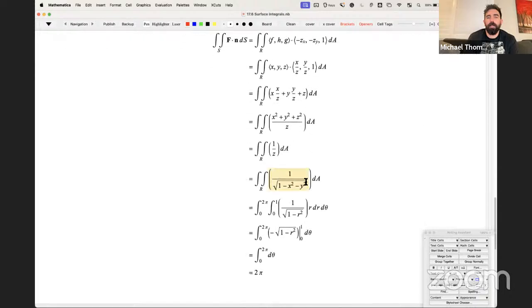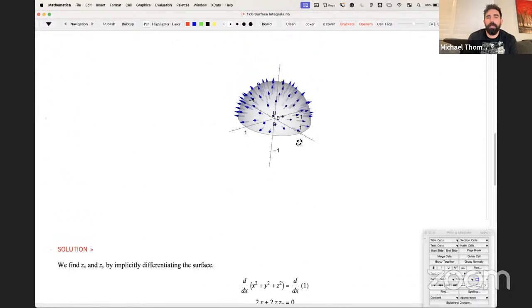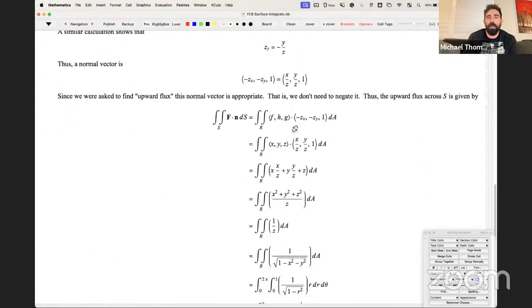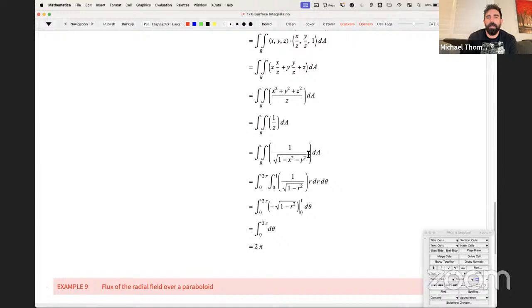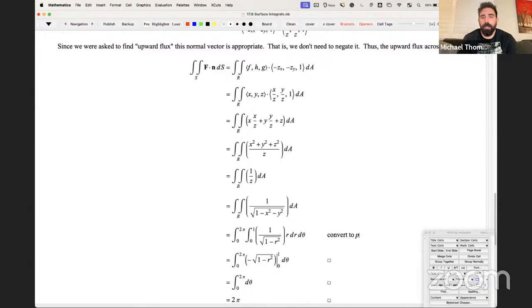So now you've got a function of X and Y. All right, now the region in the floor. Clearly, the region in the floor is a disk, so that's kind of pushing us towards polar. And this expression right here is making me think polar. So let's switch to polar. Convert to polar.